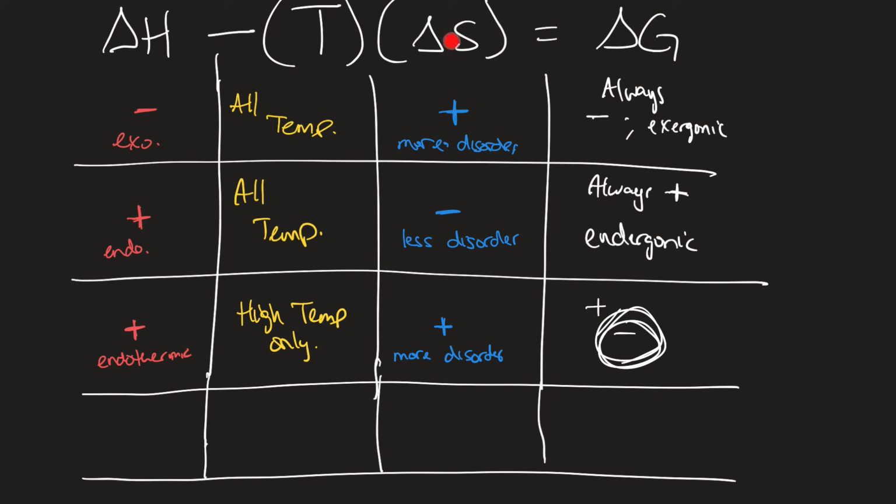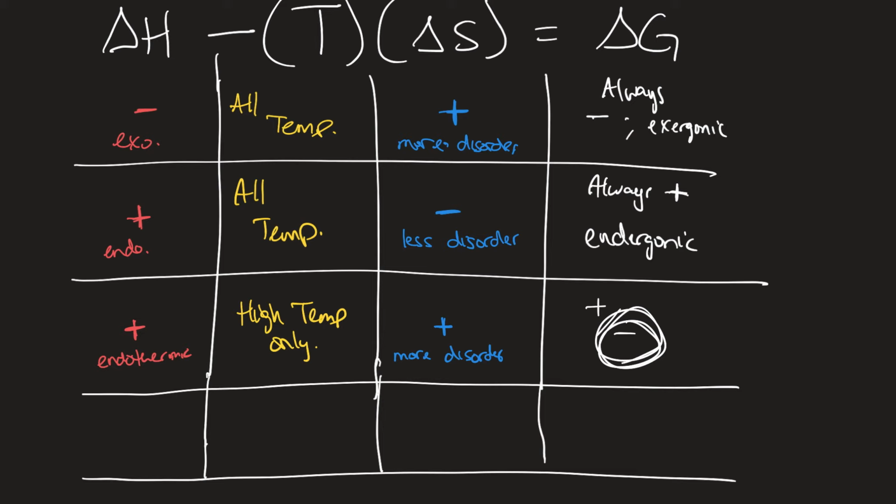All right. And so because delta S is a positive number, your temperature needs to be high. So that way, when you multiply these two numbers together, the magnitude of the product of these two numbers is higher than delta H. All right. And if that's the case, then you will have a delta G that's negative. Okay, so looking at the equation, hopefully that kind of makes sense, right?